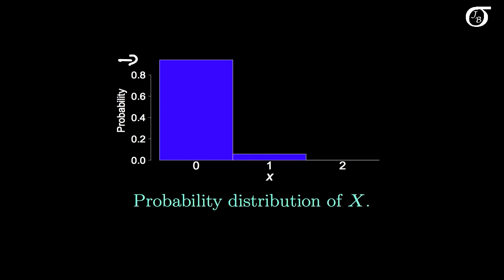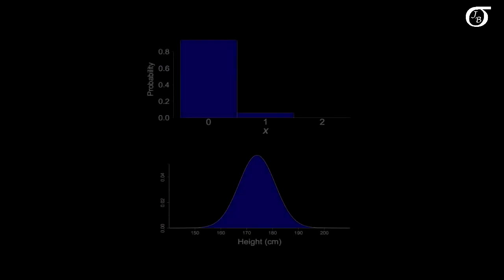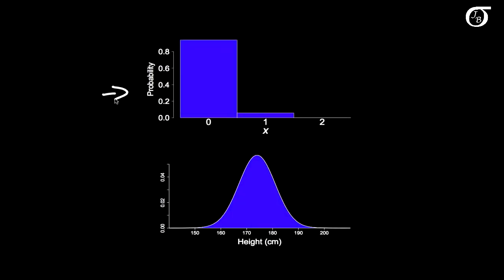Now let's contrast what a discrete probability distribution looks like with what a continuous probability distribution looks like. Here I have our discrete probability distribution from the last page, where we have these discrete jumps between these values. It goes from 0, jumping down to 1, and then jumping to 2 in this case. And we had these 3 possibilities here.